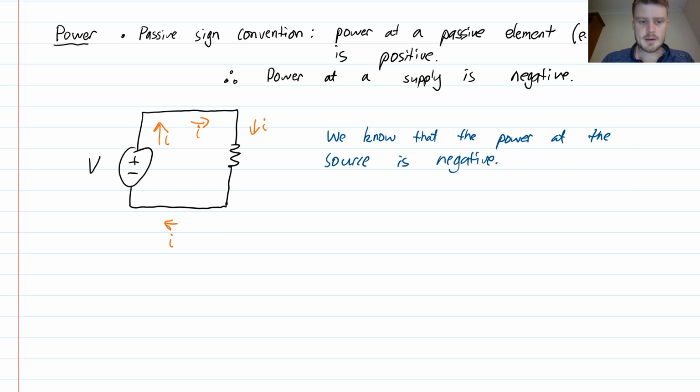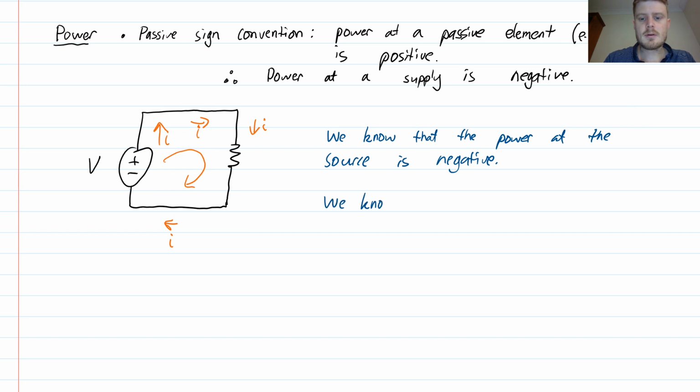Now, when I drew the current in this way, I deliberately chose to draw this arrow as going in a clockwise direction around this loop. I draw it in a clockwise direction because conventional current is defined to flow from positive to negative. So we know the power in the source is negative.